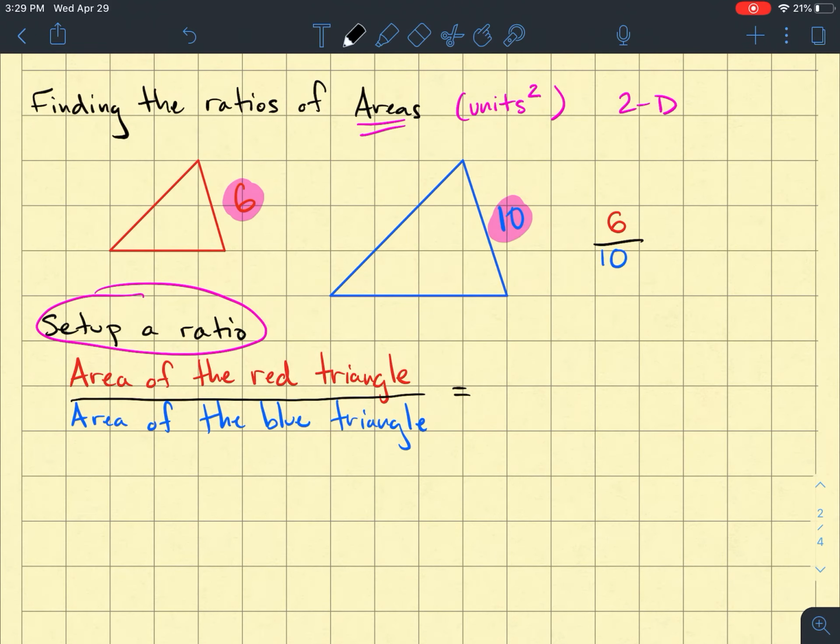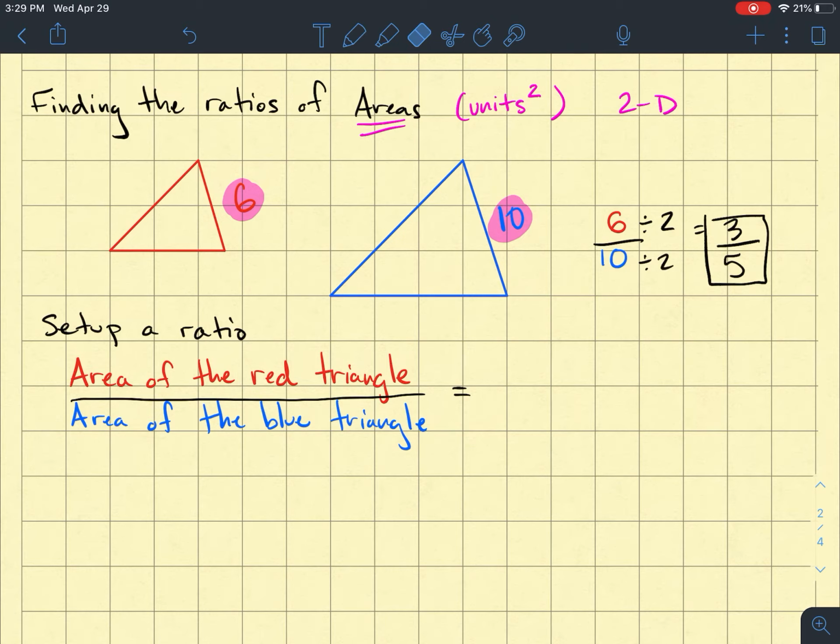Okay? And again, they're both even. I can shrink them down. If I divide both numbers by 2, in its simplest form, I'm going to get 3 over 5. So that's my ratio that I can use.